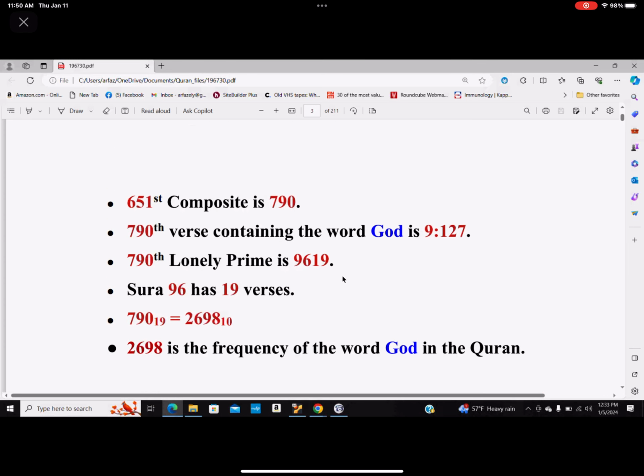Okay? Is that amazing? Okay? You put these things together and you say, oh my God, it's absolutely mind-boggling that this is happening this way. Okay? That everything is precisely numbered.